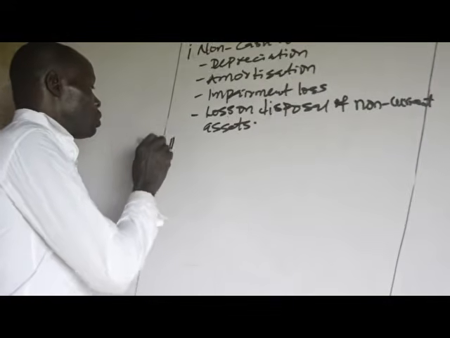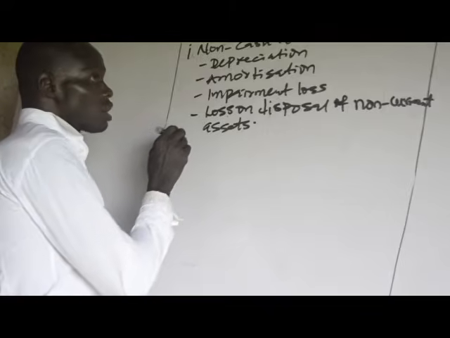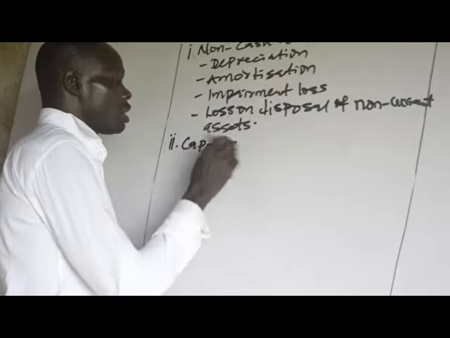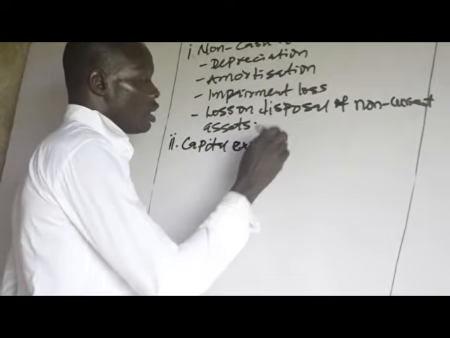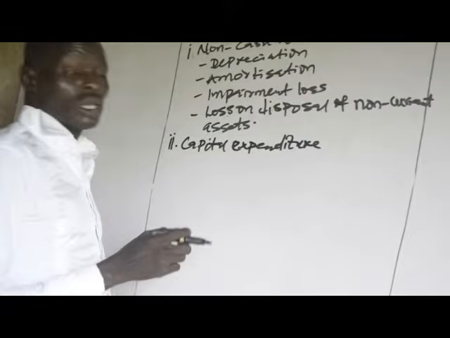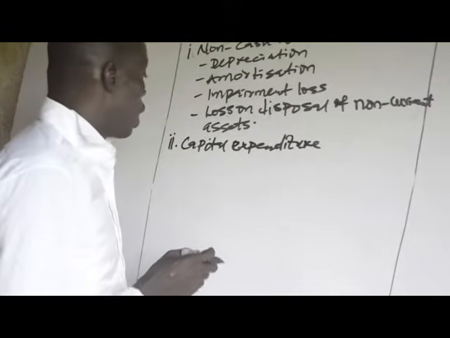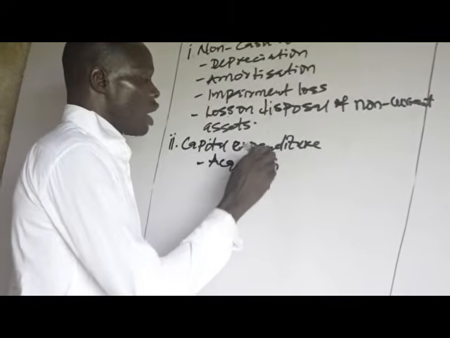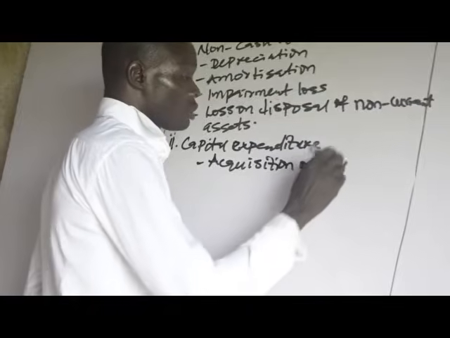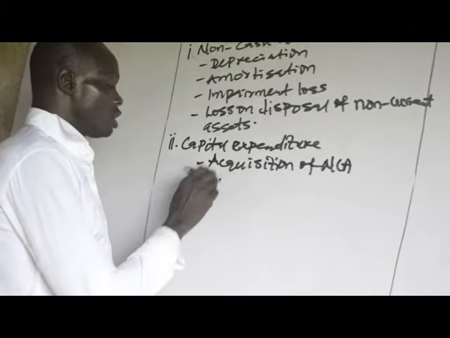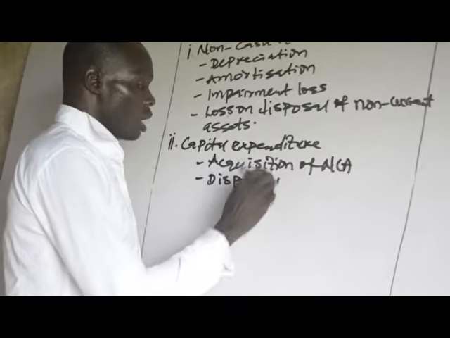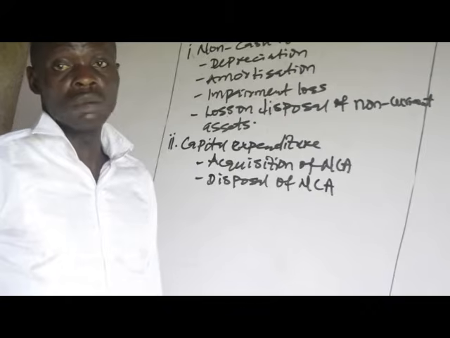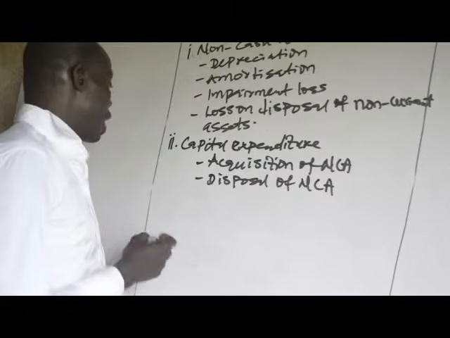Number 2, we have capital expenditure. Any expenditure that adds to the value of the existing asset, or expenditure that involves acquisition of non-current assets, then disposal of non-current assets, or expenditure that will improve the existing assets.